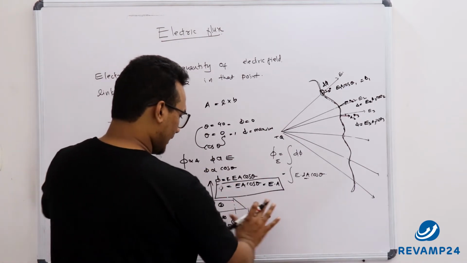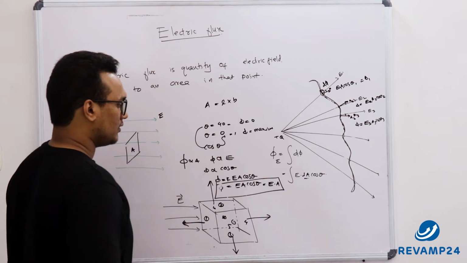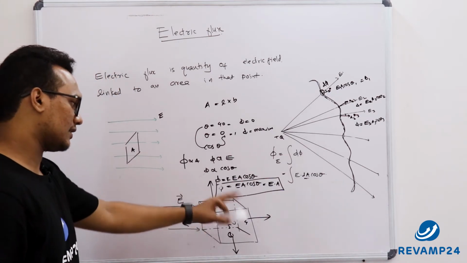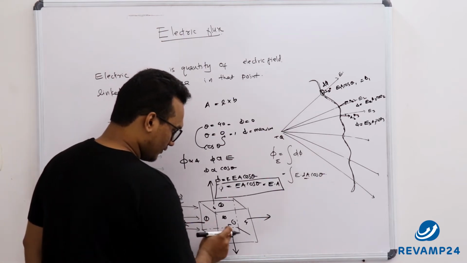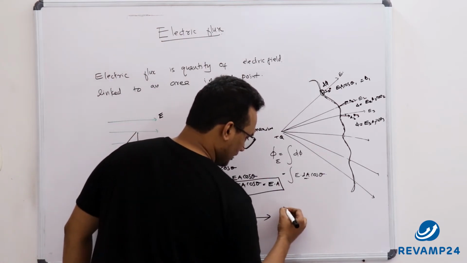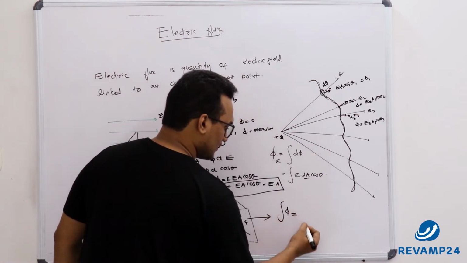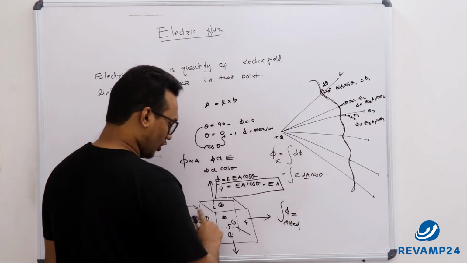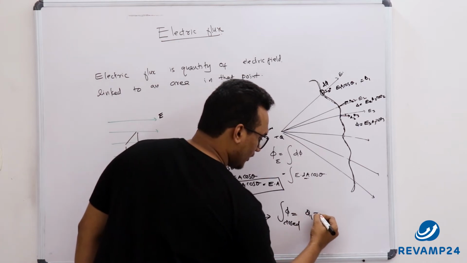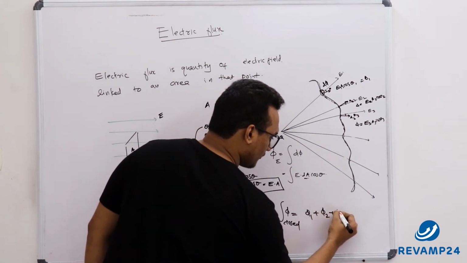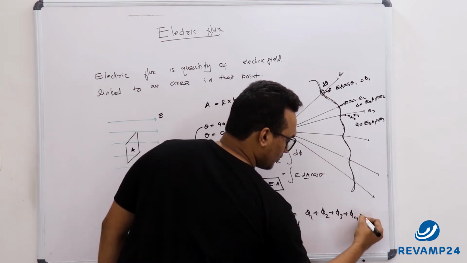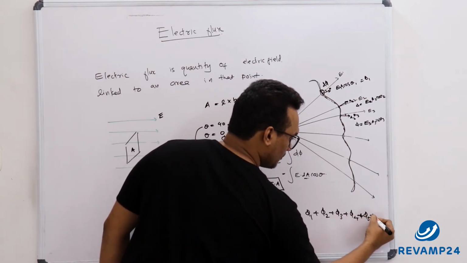Always it has to be directed outward, not inward, for the closed surface. Now how to get the total flux linked with the closed surface? We have how many surfaces? 6 surfaces. So the total flux linked with the closed surface is equal to phi 1 plus phi 2 plus phi 3 plus phi 4 plus phi 5 plus phi 6.